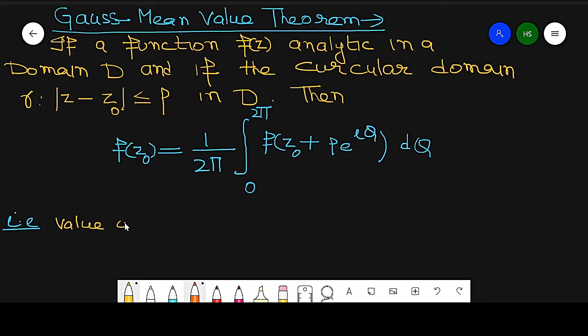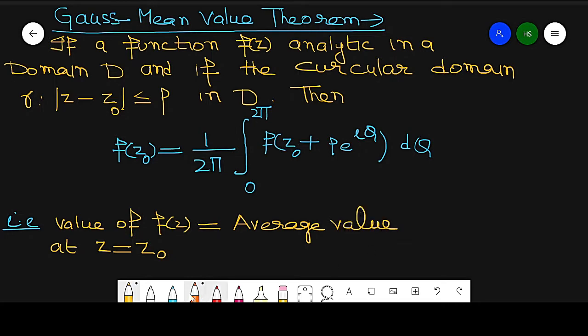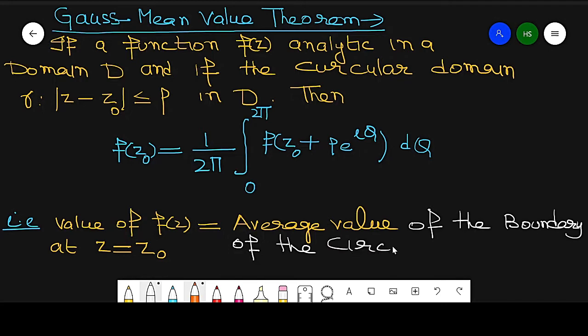the value of f(z) at the point z equal to z0. So what is this? It is the value of f(z) at point z equal to z0. This is equal to the average value of f on the boundary of the circle.